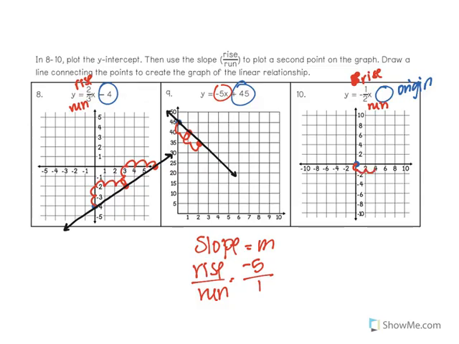So 1, 2. This one's a little bit harder to do because of that. So I'm going to rise down 1 and run over 2. And then now we can get that perfect point right there. And then you connect them and draw your line.